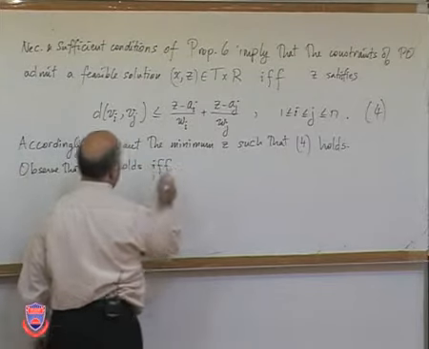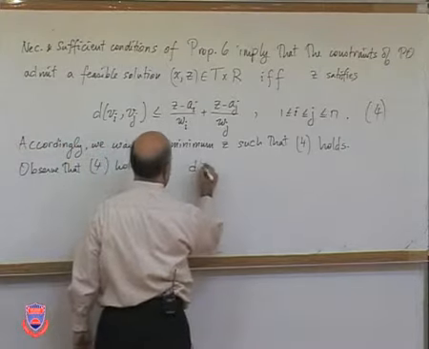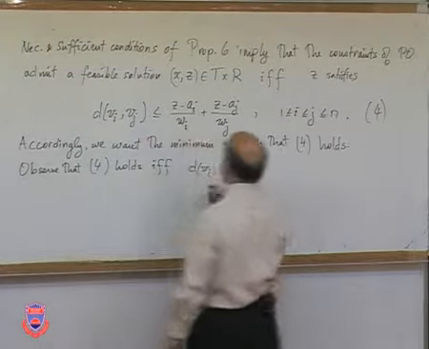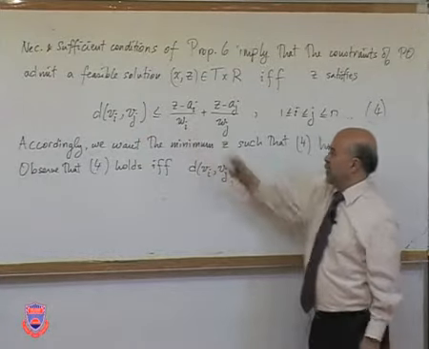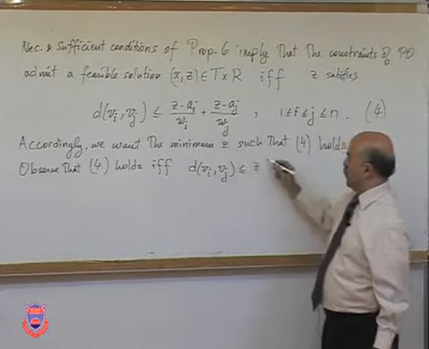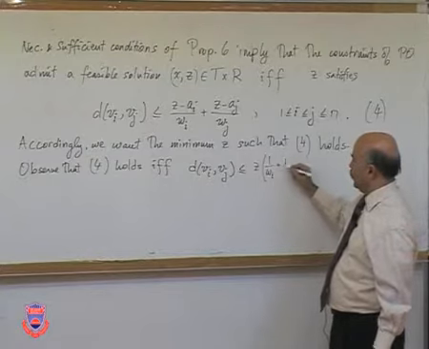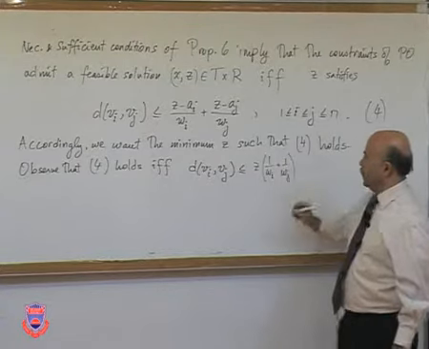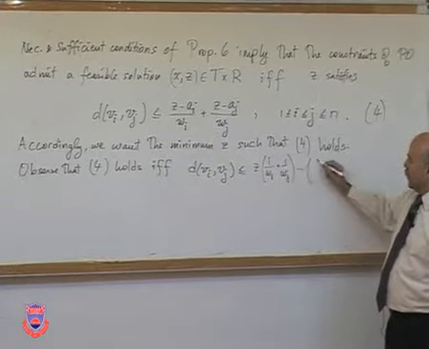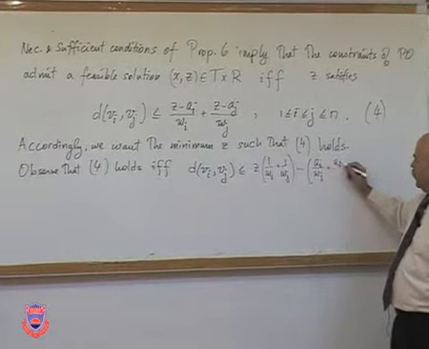So 4 holds if and only if, let's just manipulate this a little bit. Distance Vi, Vj is less than or equal to, this is simply z over wi plus z over wj, so it's z times (1 over wi plus 1 over wj), and then you've also got minus ai over wi plus aj over wj.